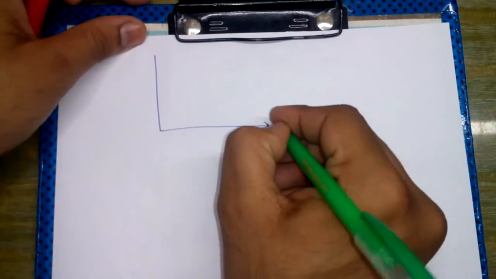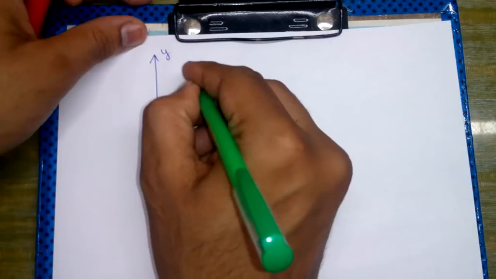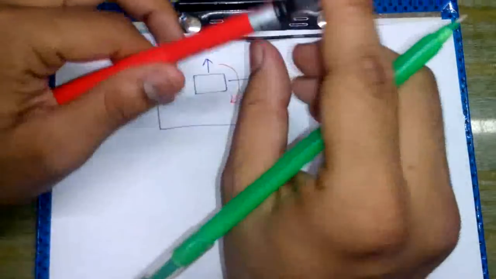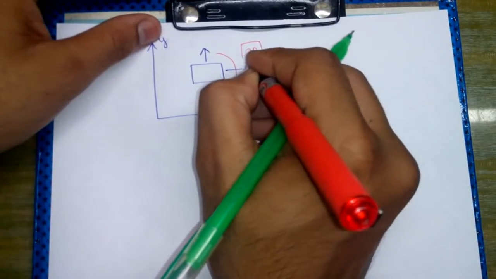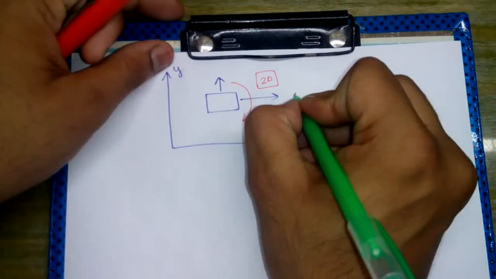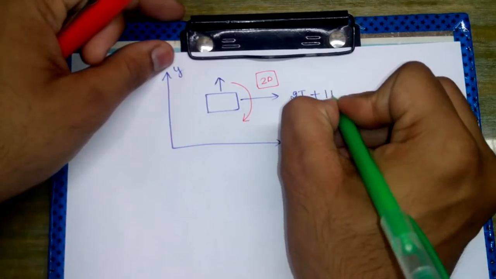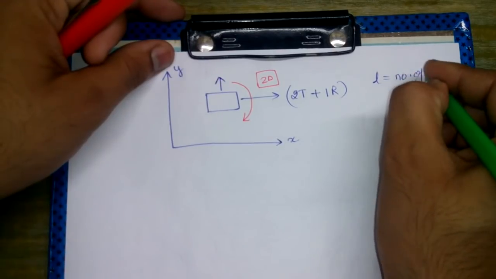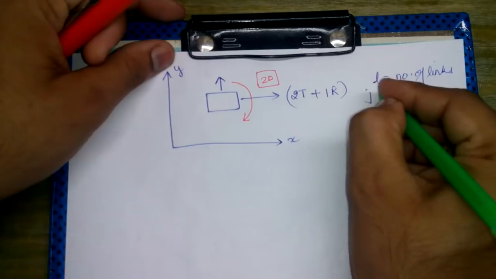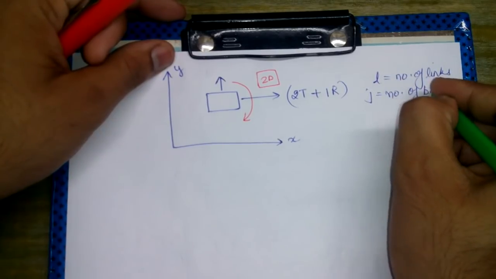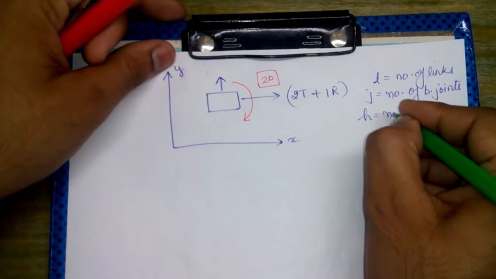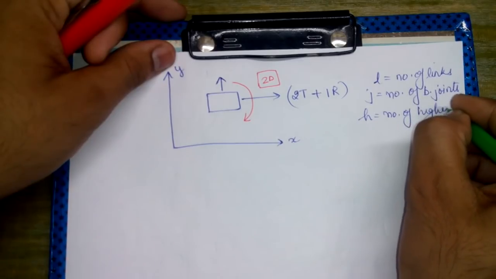Now for example, if we take the x-axis and y-axis with a block, it can go in this direction, it can go in this direction, and it can have a rotation like this. We are actually considering the 2D case, not a 3D case, please mind. So here we can have 2 translations and 1 rotational motion which are possible. Let L be the number of links, J the number of binary joints present, and H the number of higher pairs.